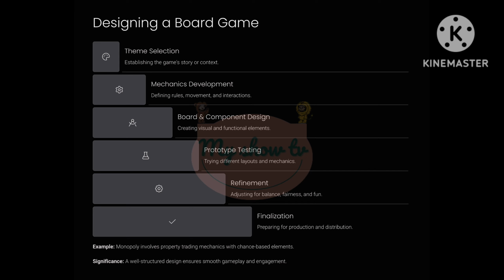Example: as mentioned, Monopoly is a classic example. Its design blends property acquisition and chance-based events, offering both strategy and unpredictability. 8. Significance. A well-structured board game design ensures smooth gameplay and engagement. Without a proper design process, the game may feel unbalanced, confusing, or frustrating.